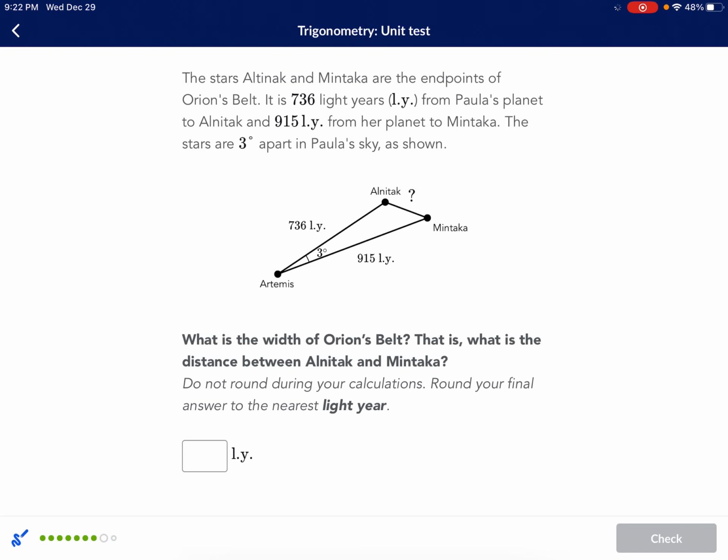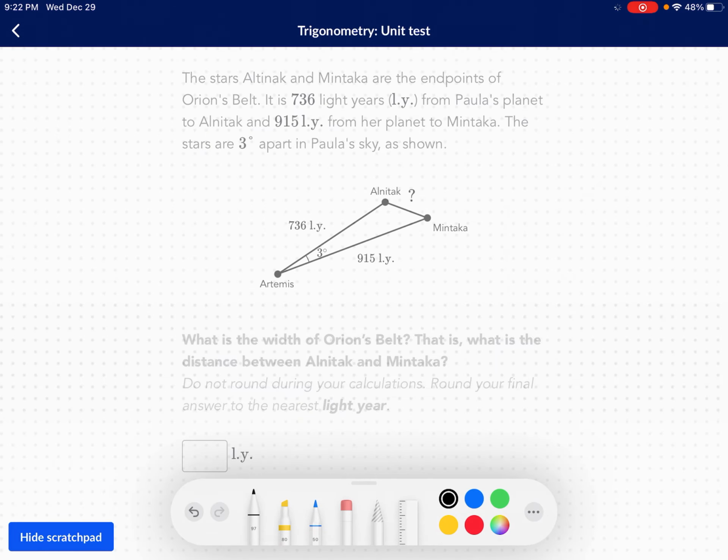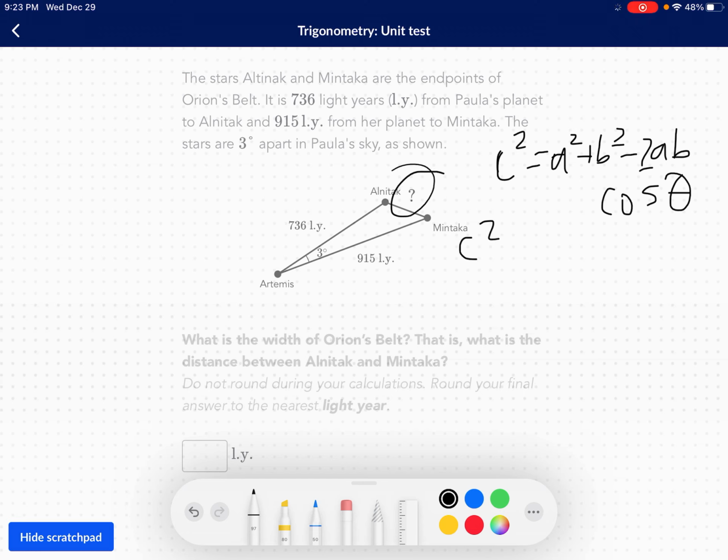Nice. Okay. So this looks like law of cosines. So c squared is a squared plus b squared minus 2ab cosine theta. So c squared is unknown. It equals 736 squared plus 915 squared minus 2 times 736 times 915 cosine, and cosine theta is given, so cosine 3 degrees.